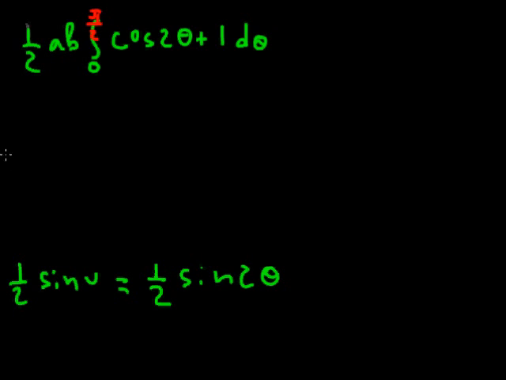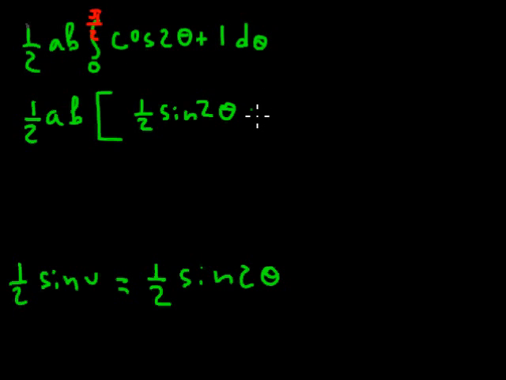And let's solve this integral. We have this constant 1/2 ab, and the integral of cos 2 theta becomes this. We did it separately, so that's the value of this integral, and it becomes 1/2 sine 2 theta. And the integral of 1 is just theta.